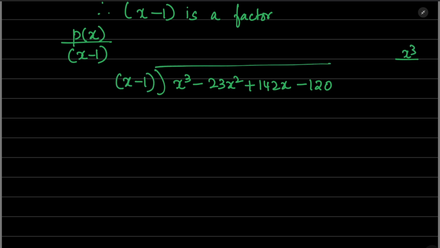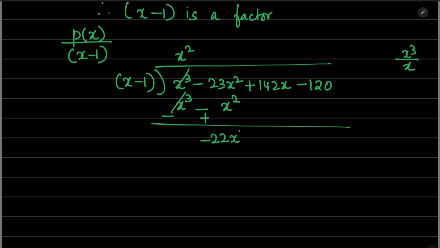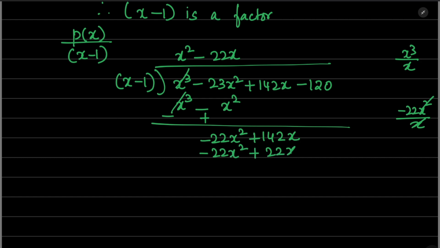So x cube divided by x is x square. So you have x cube minus x square. Change the sign, it gets cancelled. So minus 23 plus 1 is minus 22x square plus 142x. Again, minus 22x will be the next step, because you're doing minus 22x square by x. So this is minus 22x square, minus into minus is plus 22x.